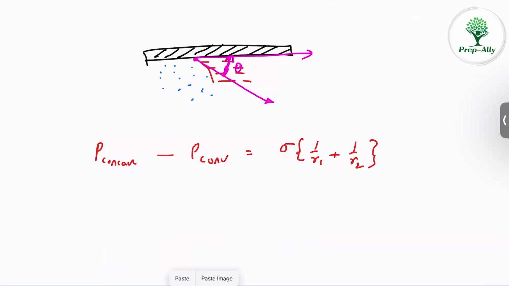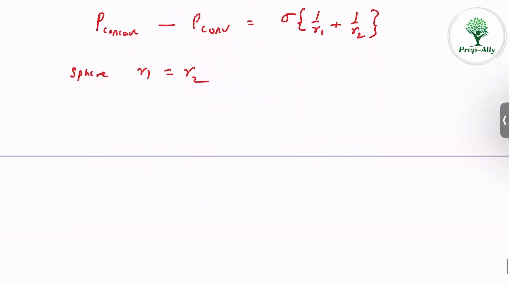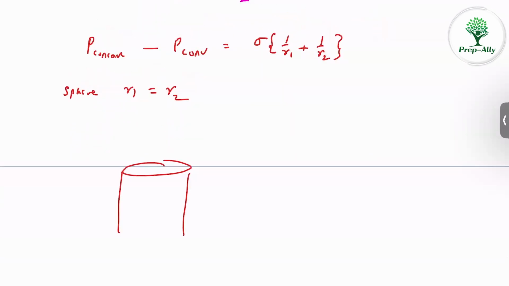In case of a sphere, R1 and R2 are same. What are R1 and R2? R1 and R2 are the principal radius of curvatures. Yes, sir. In case of a cylinder, can you tell me R1 and R2 values? R1 is radius of cylinder, sir. R2 is infinity, sir. Correct.